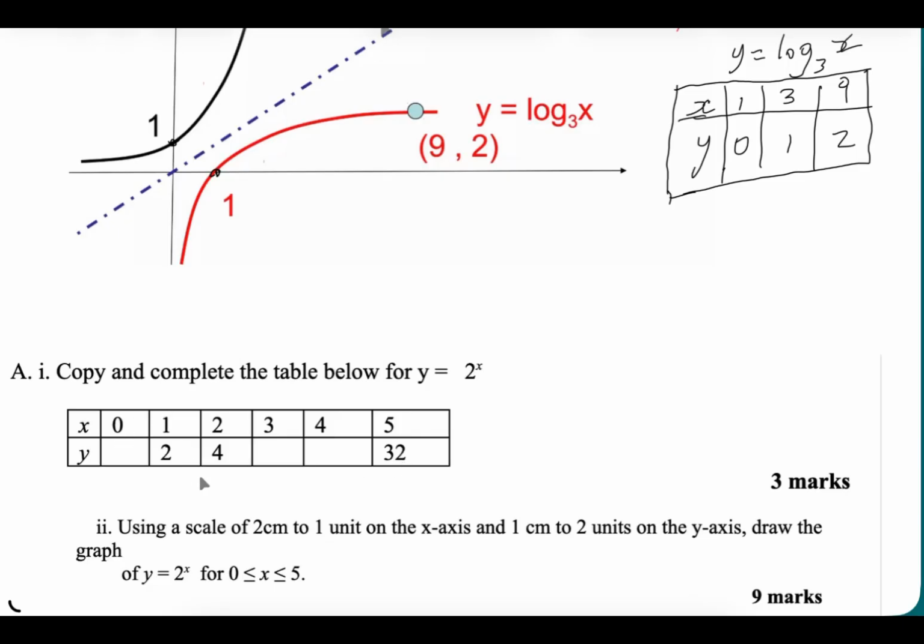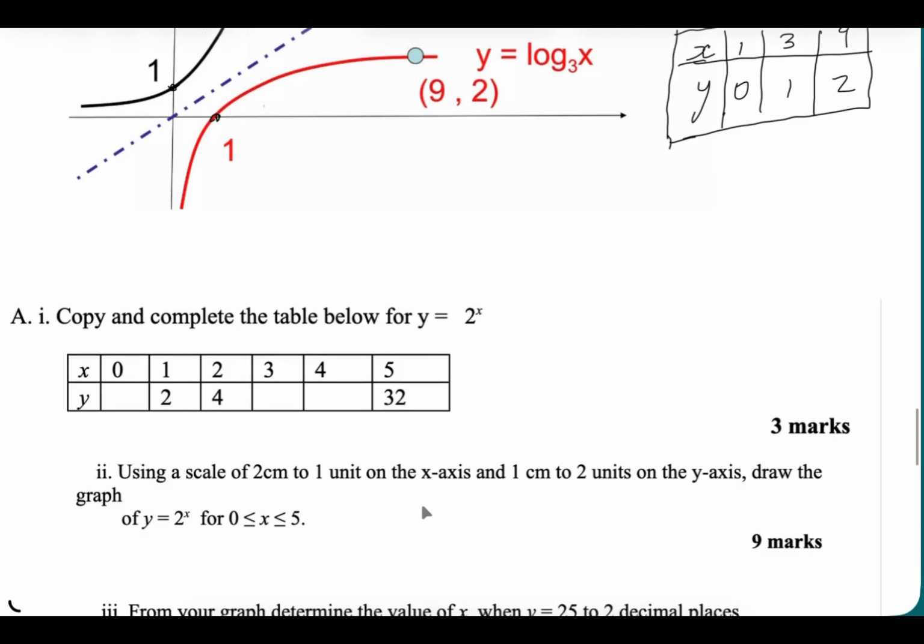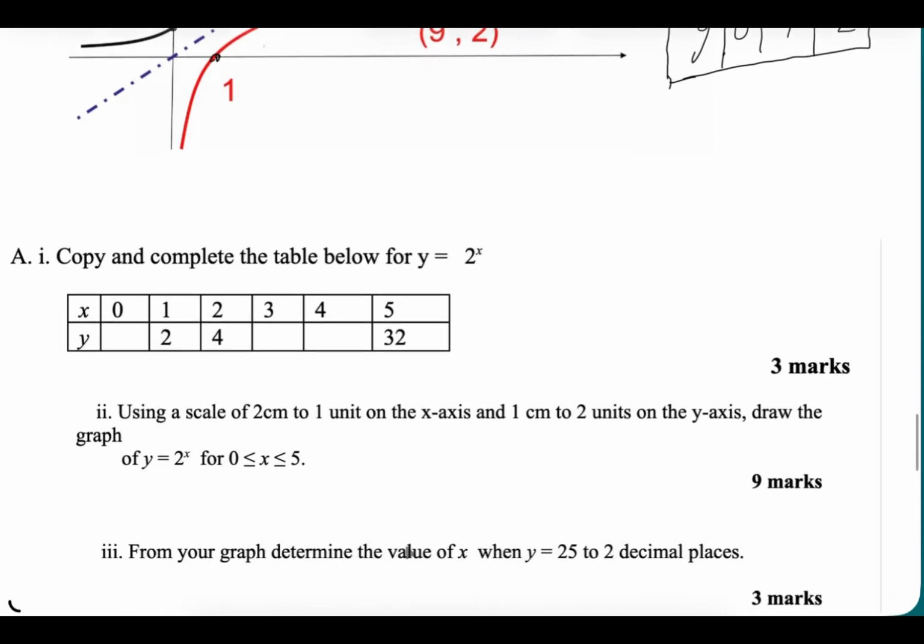You just make these table values your coordinates, and then draw a curve through them. And from your graph, determine the value of x when y is equal to 25 to 2 decimal places. You could have used algebra to do this, but they want you to show it on the graph as well, because it must be seen on the graph.